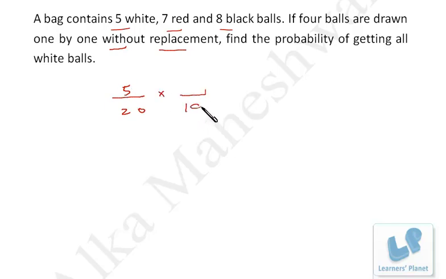Similarly, the second ball will be drawn from the 19 because we are not putting the ball back. Now in the second case I wish to draw a white ball once again. Now I have 4 white balls because I have already drawn 1 white ball. So it's 4 by 19. Similarly 3 by 18 and 2 by 17, right?